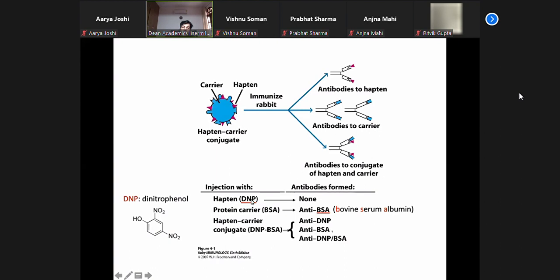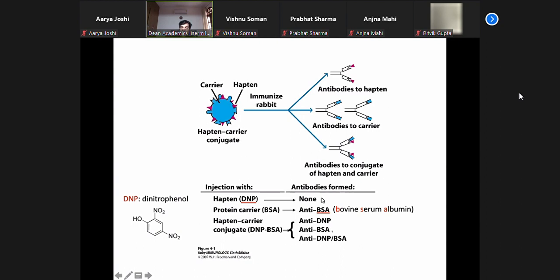You just coat the DNP, dinitrophenol, onto the surface of plastic plates, and then add the sample. You would be able to detect that antibodies were formed against hapten. But if you inject hapten alone, you won't be able to detect these antibodies.